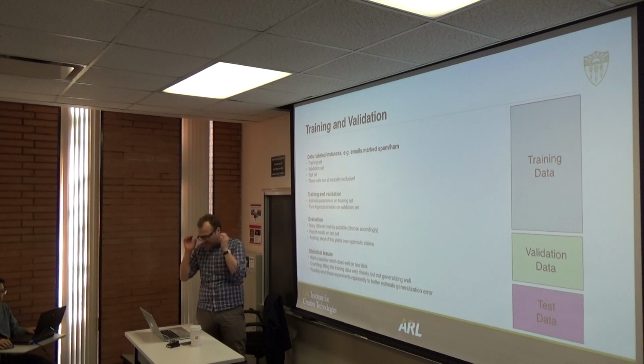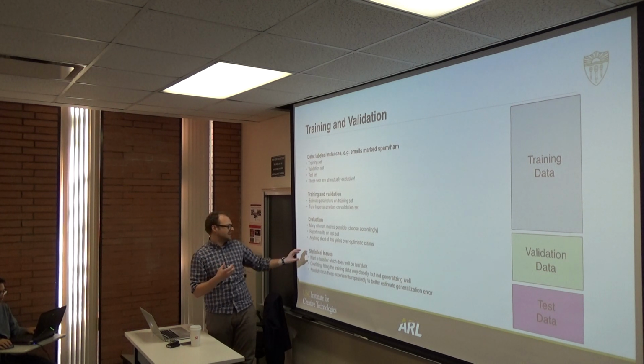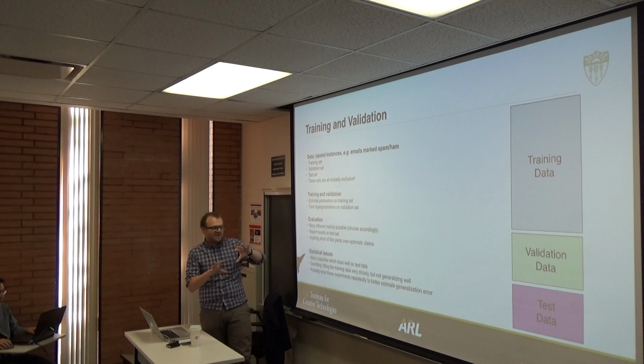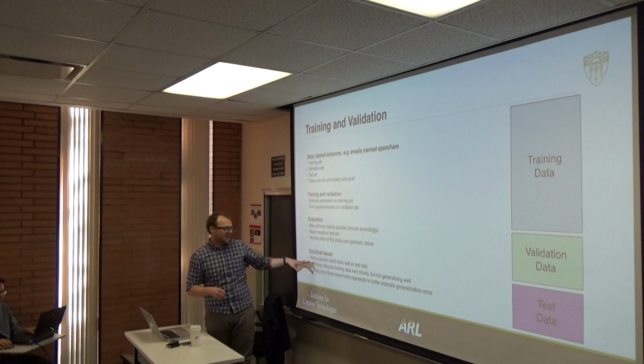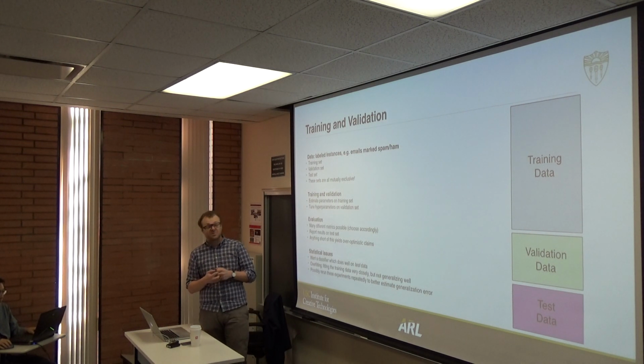If you build the most complicated classifier, you can always overachieve on the training set, but what we're really out for is the test set, and that's why we really need to keep that test set separate. So overfitting can become a problem if you're too focused on improving your training performance.